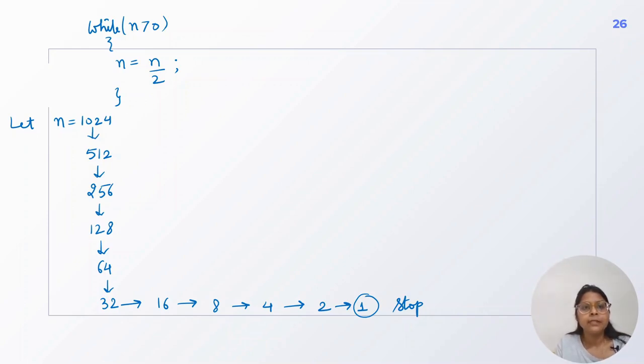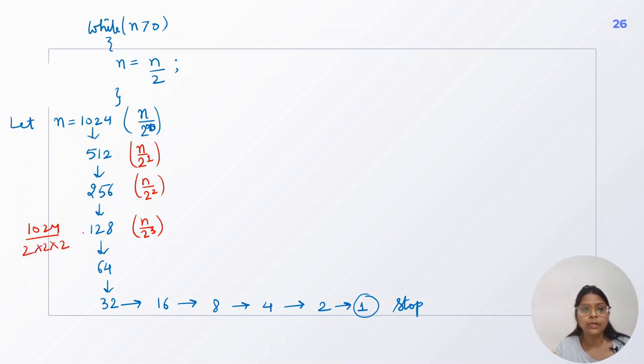1024 can be written as n upon 2 to the power 0. Is it fine or not? Can you write n equal to 1024 as n upon 2 to the power 0? Then you can write n upon 2 to the power 1, n upon 2 to the power 2, n upon 2 to the power 3, which means 1024 upon 2 into 2 into 2. It will be 128.